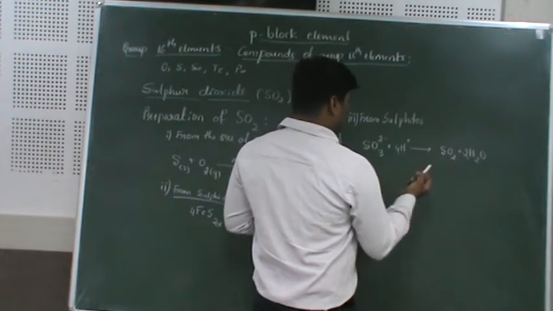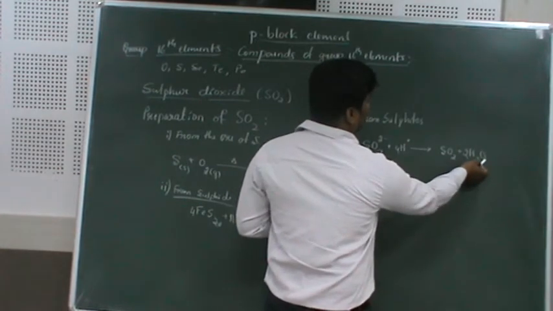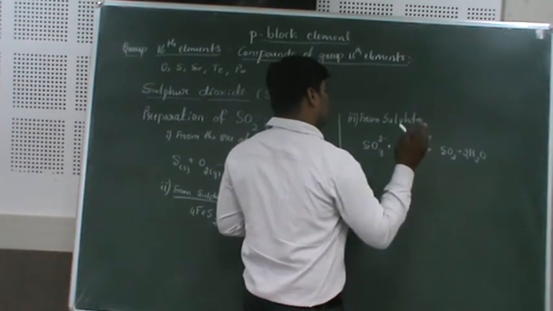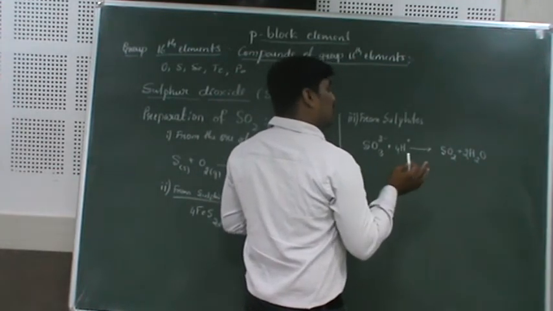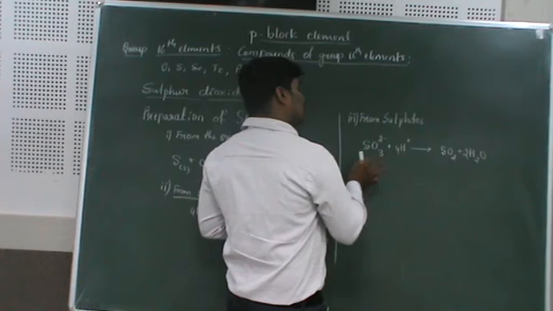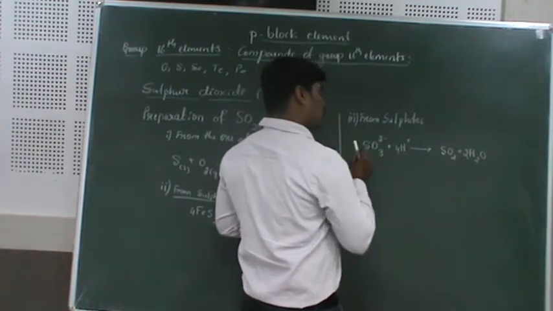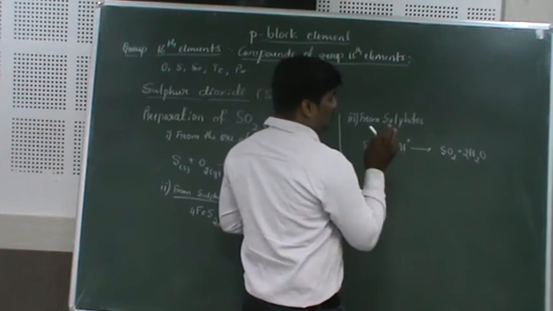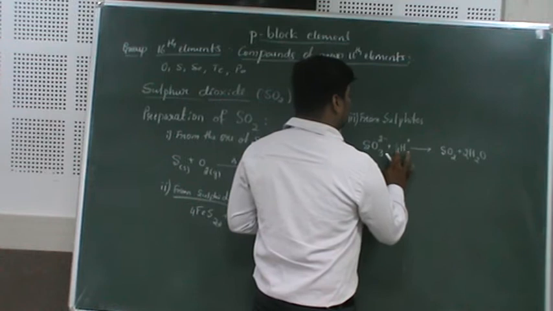And now how many oxygens are there? 2 oxygens here, 2 oxygens here, so 4 oxygen. 4 oxygen is here, in this case only 3 oxygen, and the number of electrons should also be balanced. Therefore, I multiply 2 here.